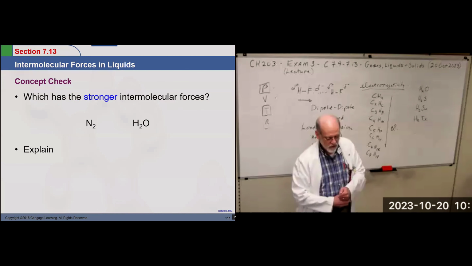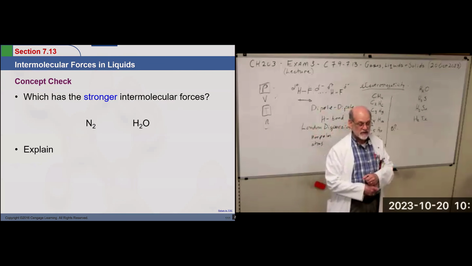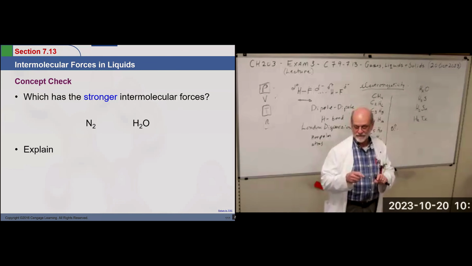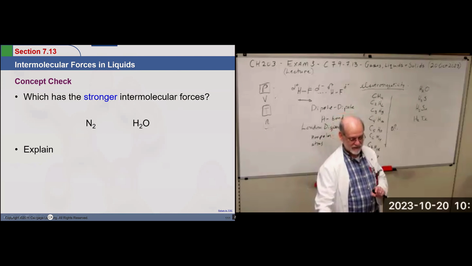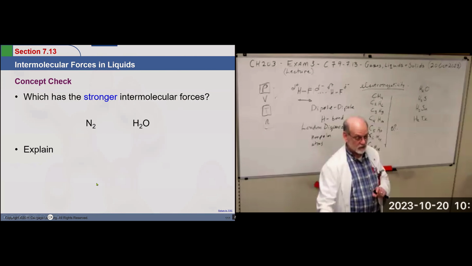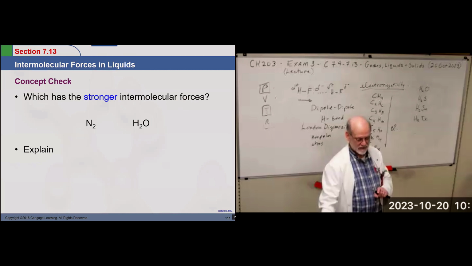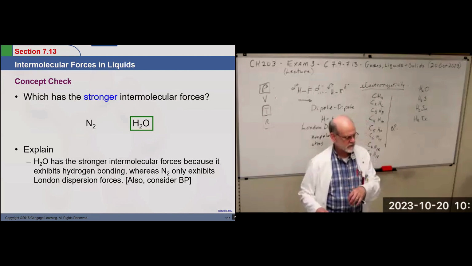So which one of these has stronger intermolecular forces? That is between the molecules. Right? Any of them polar molecules? Yeah, water's polar. Nitrogen's nonpolar. So the stronger intermolecular forces between is water. And here we're talking about pure substances, right?